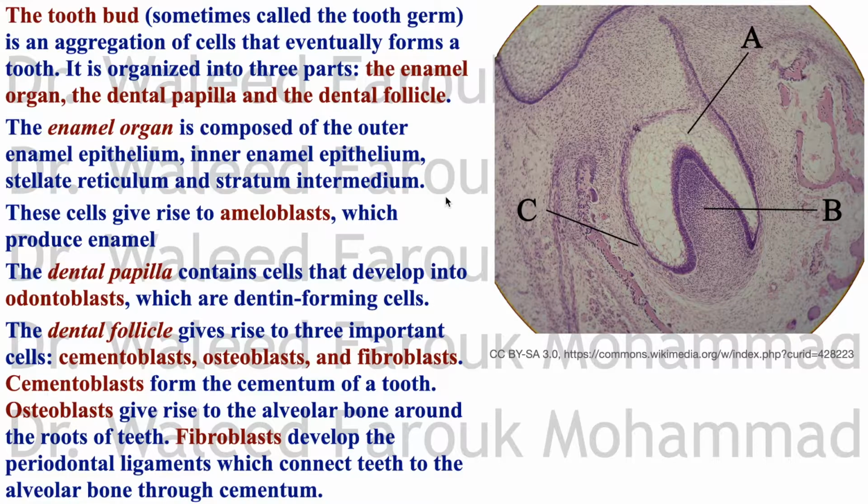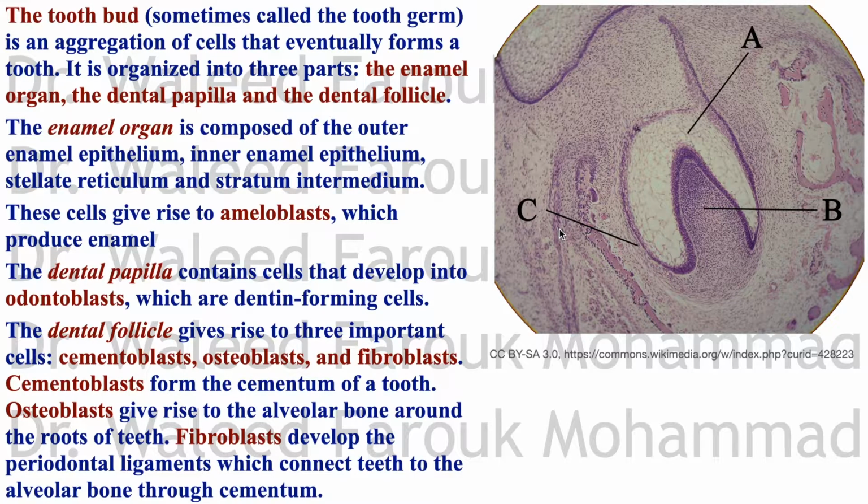The tooth bud, sometimes called the tooth germ, is an aggregation of cells, and it's organized in 3 parts: the enamel organ, the dental pulp or the dental papilla, and the dental follicle.